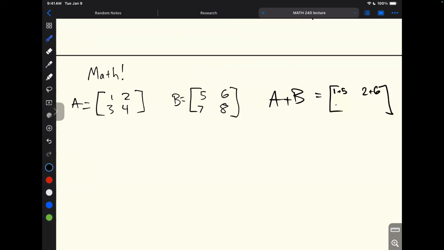The row 2, column 1 entry is 3 plus 7. And the row 2, column 2 entry is 4 plus 8. So we add those together, and we get 6, 8, 10, and 12. And that's A plus B.